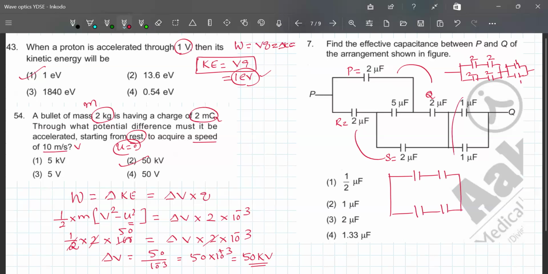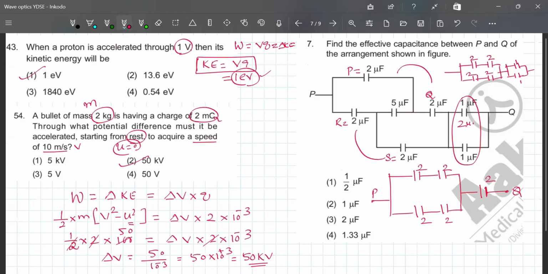And these two are parallel, so it becomes 2 microfarad. So after that, it is 2 microfarad. This is Q, this is 2 microfarad, this is P. This is 2, this is 2, this is 2, and this is 2.